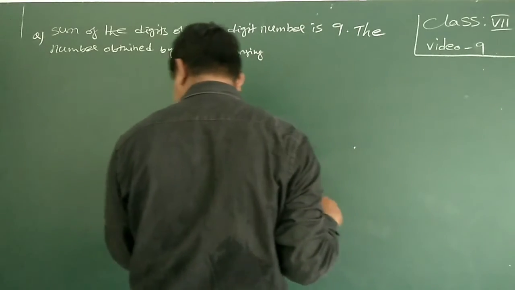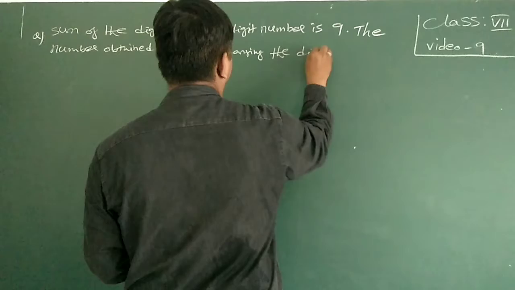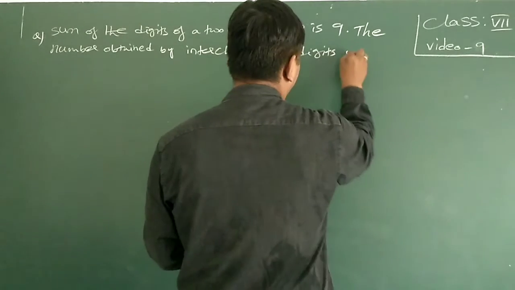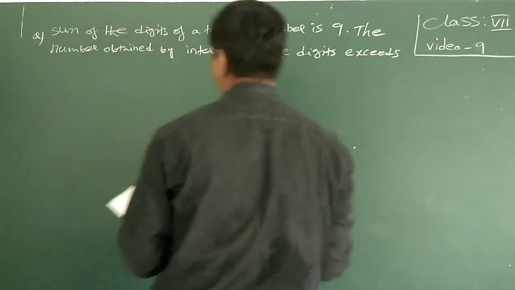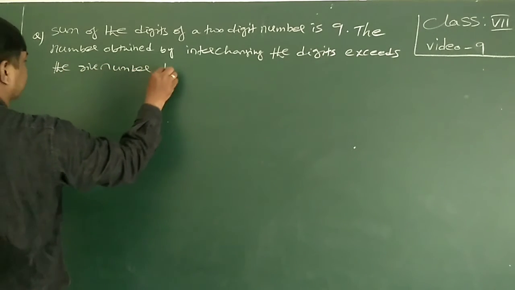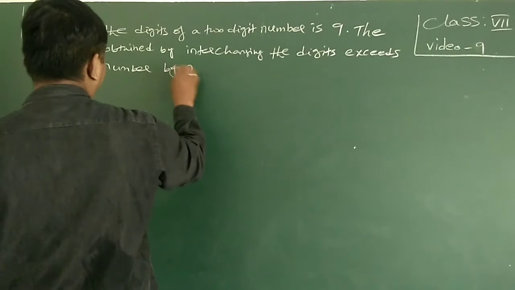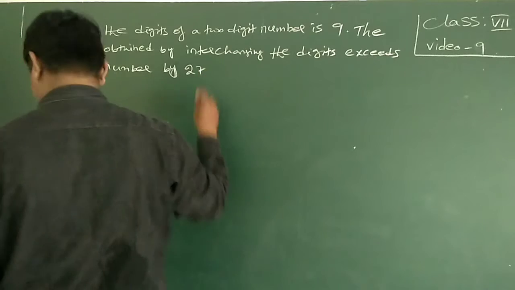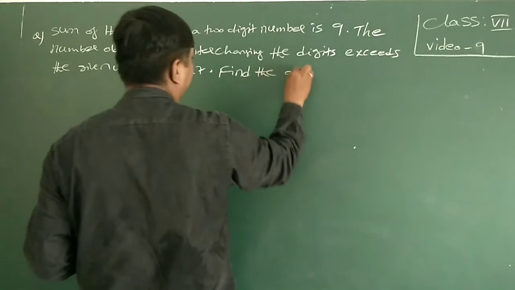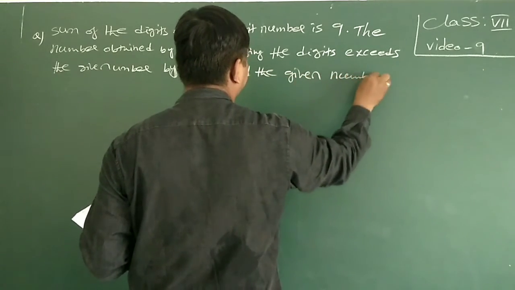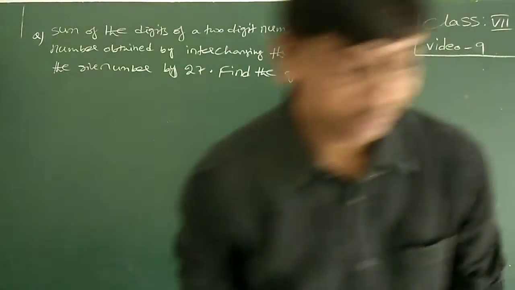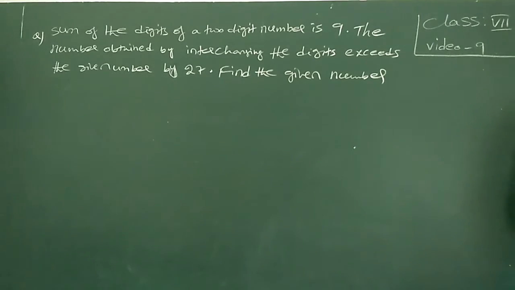The number obtained by interchanging the digits exceeds the given number by 27. Find the given number.